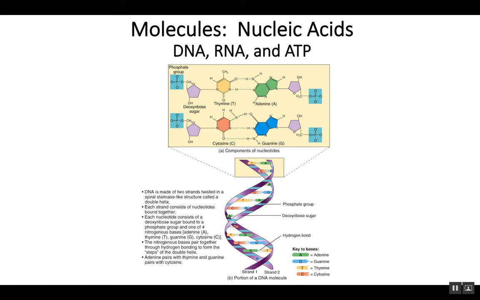RNA is a little different. RNA is not typically double-stranded. It's a single strand, and it does not have thymine. It has uracil. So we replace thymine with uracil in our RNA.